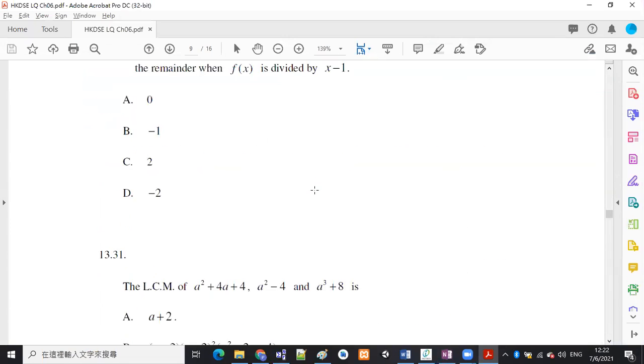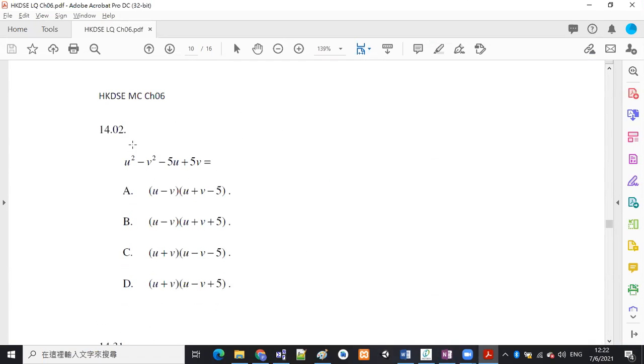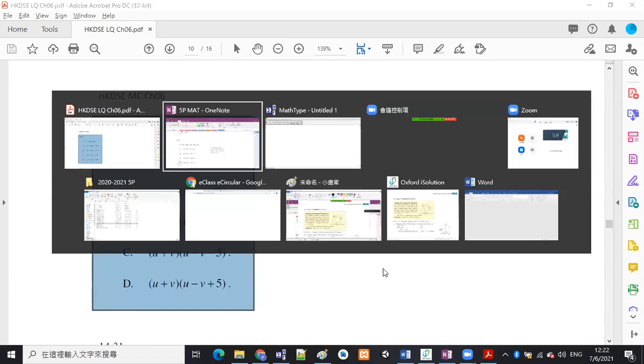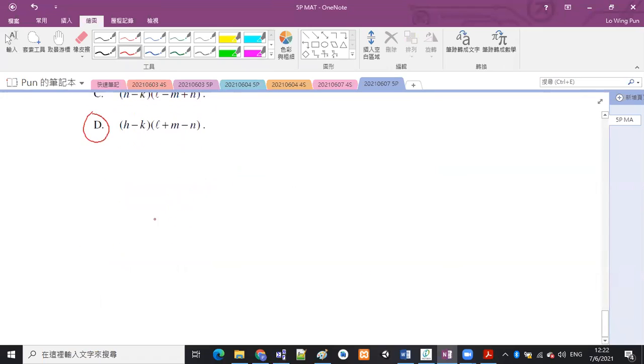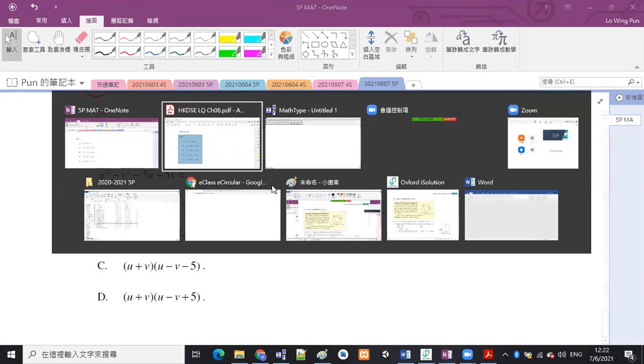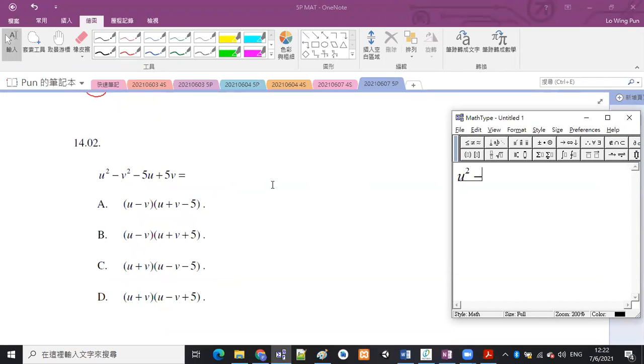And then 14.02. So we have U squared minus V squared minus 5U plus 5V.